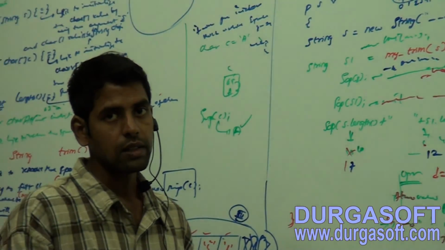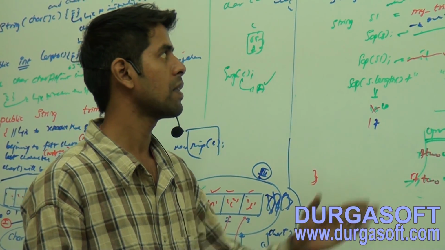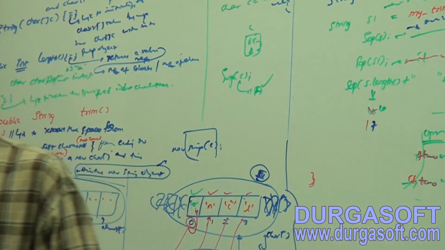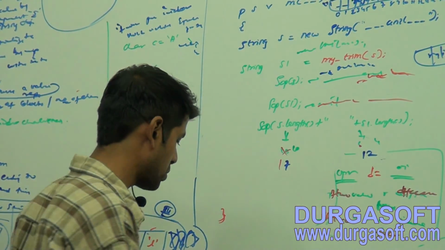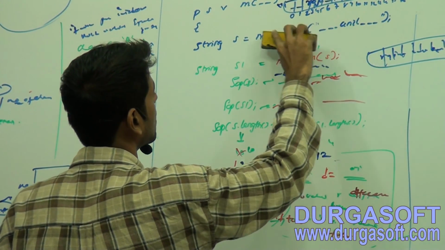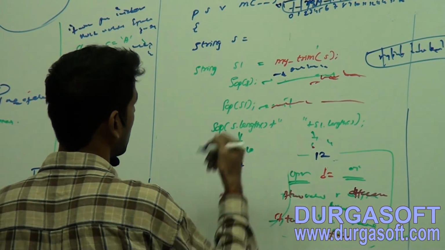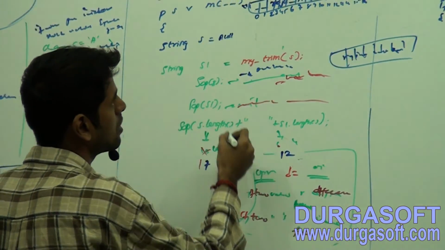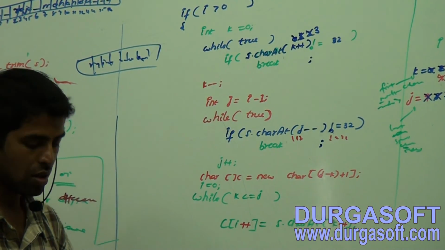What if any of my friends are passing null? Observe here. If the input is in this fashion, instead of any string, if I pass null, what happens? Yes dot length, null pointer exception, everything gone.